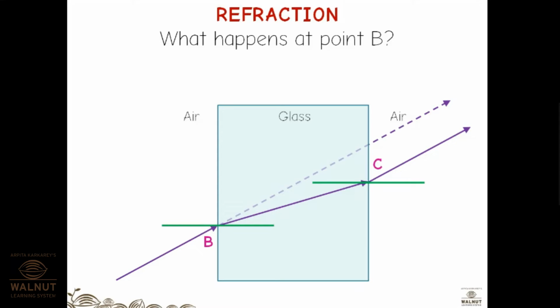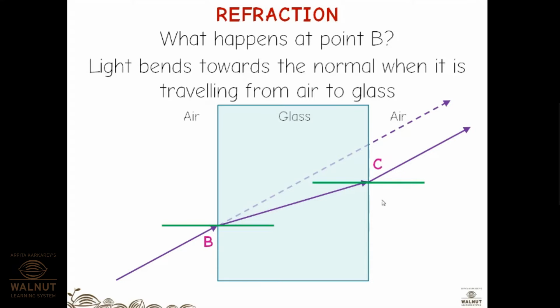When the light rays are entering into the glass slab, what can you say about this ray of light with respect to this normal? And what can you say of this ray of light with respect to the normal? Can you tell me something? Yes, any one of you?